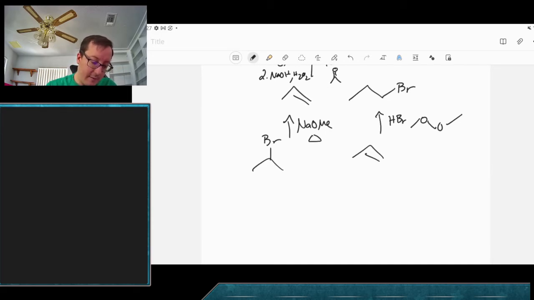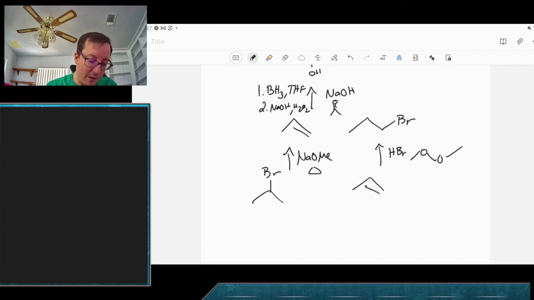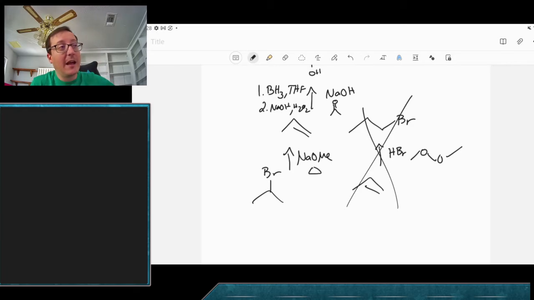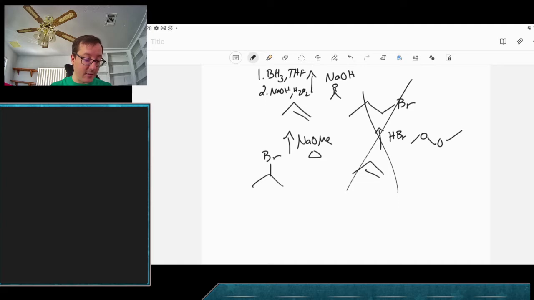And then we have to think how to make these two. Which is the better way? Obviously we see here that this alkene here is going to lead us to more steps. So it doesn't make sense to use this one, because if we already have the alkene, we can make it to the alcohol pretty easily. So it doesn't make sense for us to make the bromine and then hope to get the alcohol.